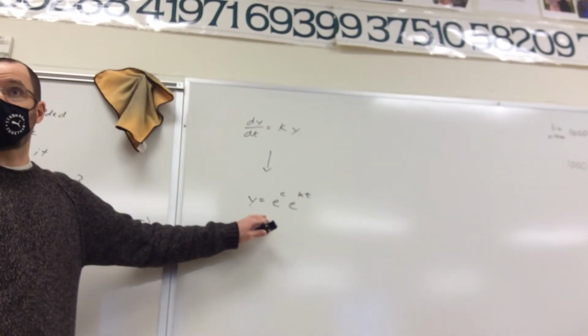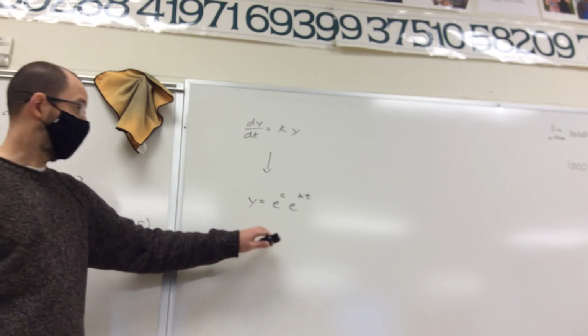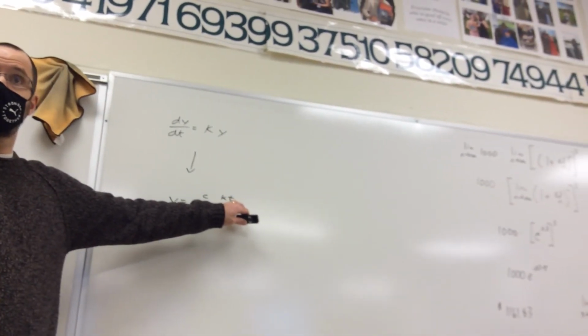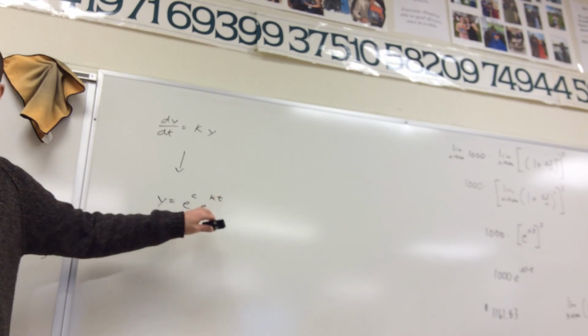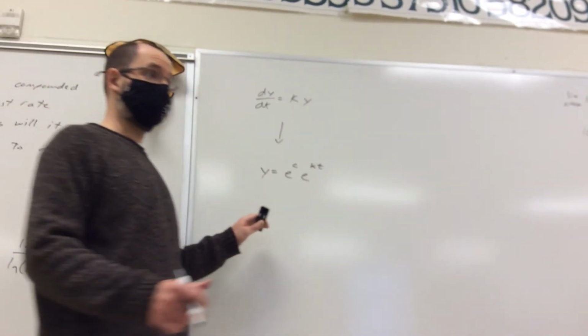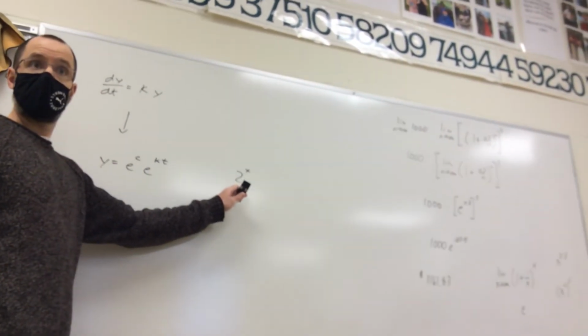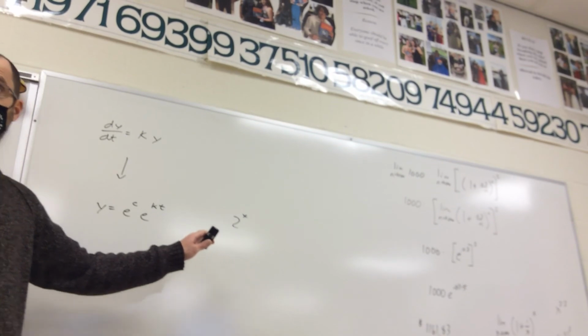Which is an exponential graph, right? You see how the letter is upstairs, the T? The very first one of these we did, it was 2 to the x at the final answer.